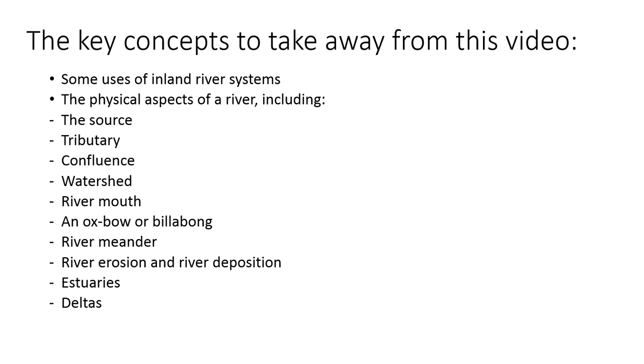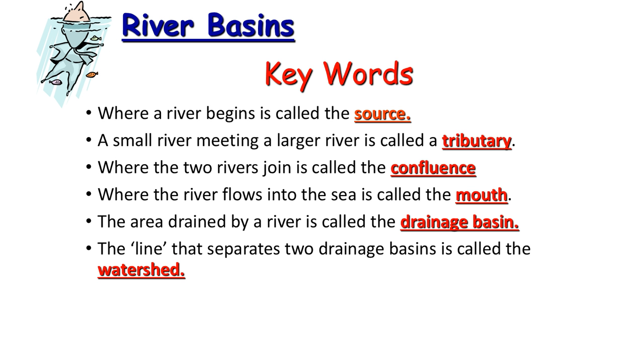All different physical aspects that you'll take away an understanding of today. Just some key words for you to maybe add to your glossary of terms you could be asked throughout the next couple of weeks.